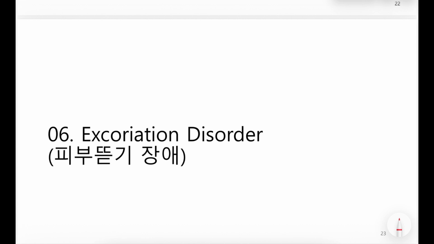Next, let's look at excoriation disorder, also known as skin picking disorder. It is characterized by recurrent picking of the skin, which can lead to noticeable skin lesions, significant distress, and impairment in daily functioning.